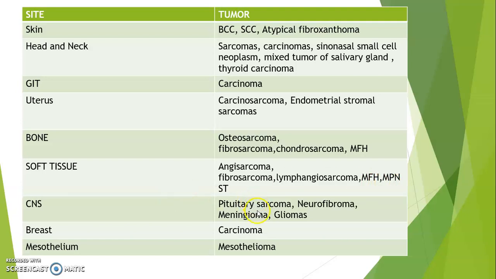Pituitary sarcoma, neurofibroma, meningioma, and gliomas are tumors that are seen in the central nervous system. Breast, the radiation-associated tumor is carcinoma. In mesothelium, mesotheliomas are present.